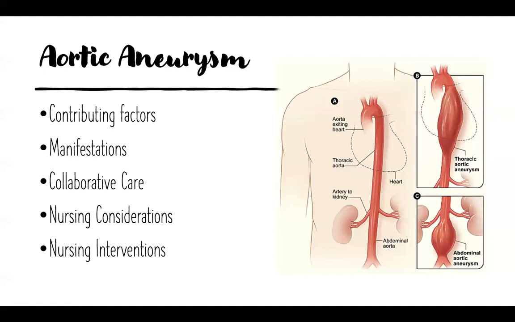Okay, so that's really important, that pulsating abdominal mass. That's kind of like a big test question. So again, thoracic aortic aneurysm: pain, dyspnea, hoarseness, cough, or dysphagia. Abdominal aortic aneurysm: abdominal pain, persistent or intermittent low back or flank pain, pulsating abdominal mass.